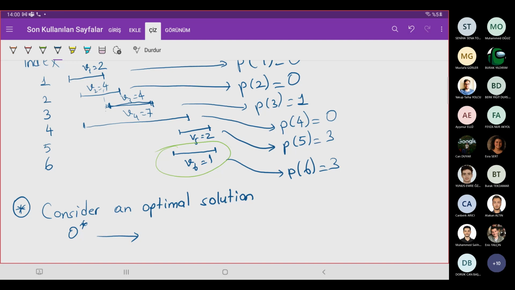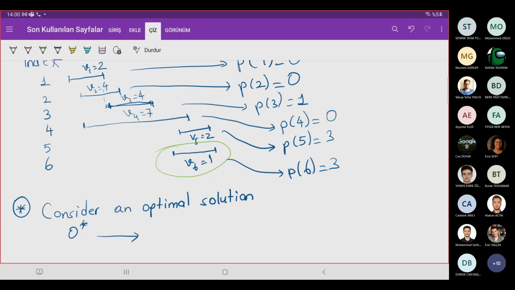If it is in the solution, then no interval strictly between Pn and n can belong to the optimum solution by the definition of Pn, because all the intervals like that are not disjoint with n.